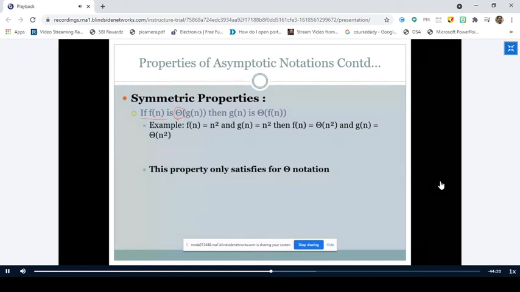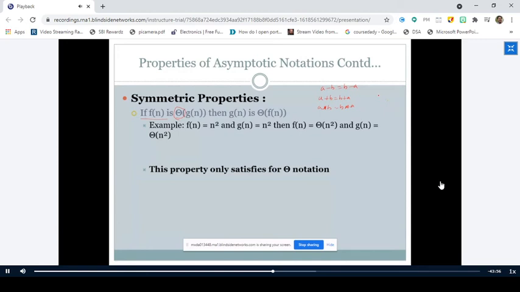Average case. So if f of n is theta of g of n, then g of n is theta of f of n. Symmetric property. A plus B is equal to B plus A, or else A star B is equal to B star A. That means plus is symmetric and star is symmetric. But can you say that A minus B is equal to B minus A?